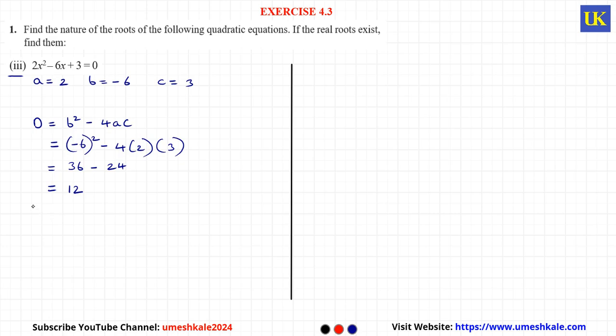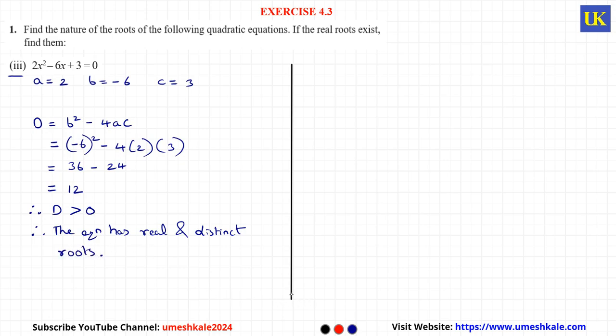So here what we are seeing is that d is greater than 0. So d is greater than 0 means therefore the equation has real and distinct roots. Real and distinct roots.